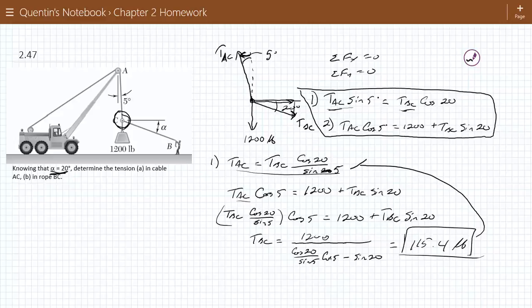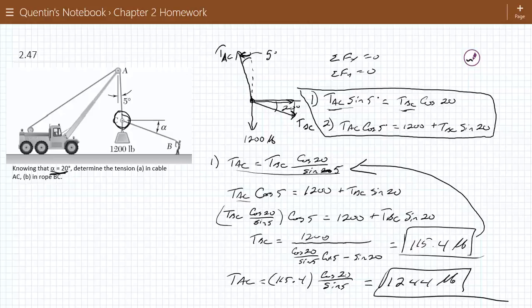Plug that back into there, and TAC is equal to 115.4 times cosine of 20 over sine of 5, which is approximately 1,244 pounds. There we go. So the tension that this person is pulling with here is about 115.4, and this tension in this cable right here ends up being 1,244.